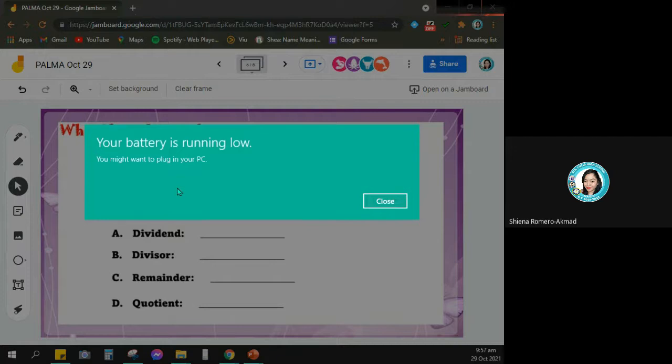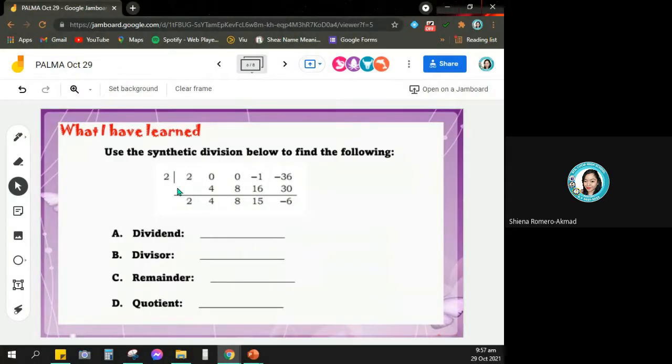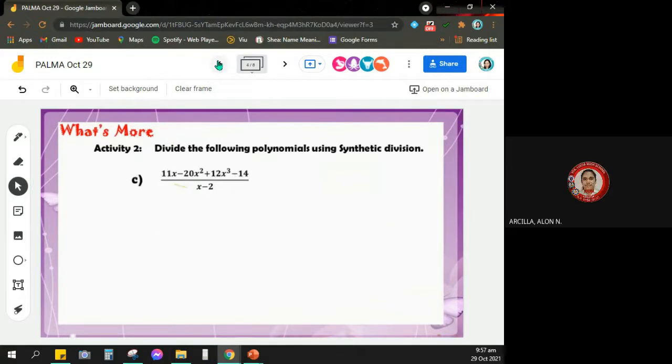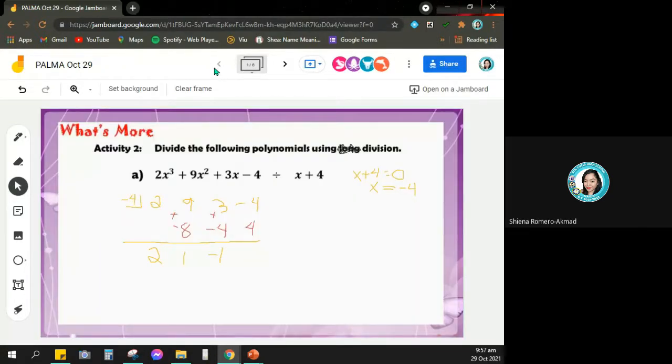Ay, robot na ako. Wait lang. Tapos na ba? Hindi. Check natin muna. Letter C. Letter C pa. Wala pa sa letter C. Parang naglalag na ako dahil sa pag-charge. Kasi nag-a-announce ako. Wait lang.